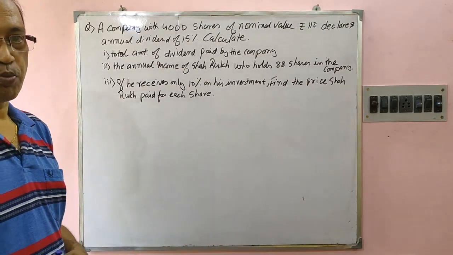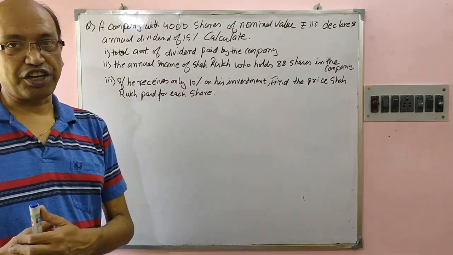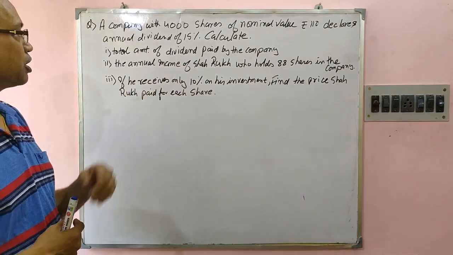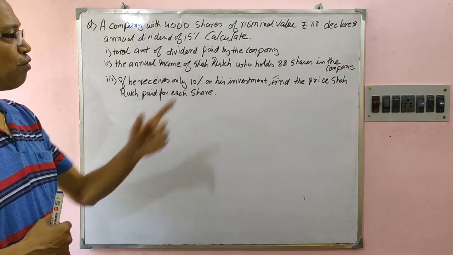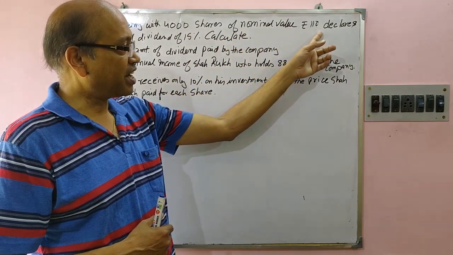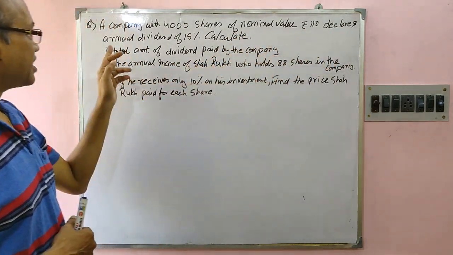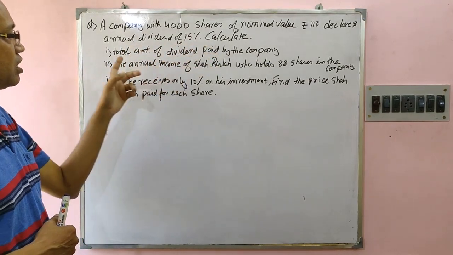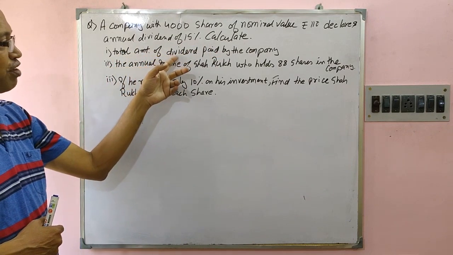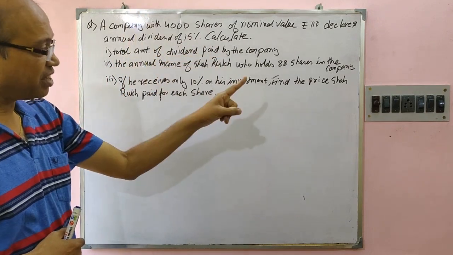Let's start off with more sums on shares and dividends. The next question: a company with 4,000 shares of nominal value rupees 110 declares an annual dividend of 15%. Calculate the total amount of dividend paid by the company.